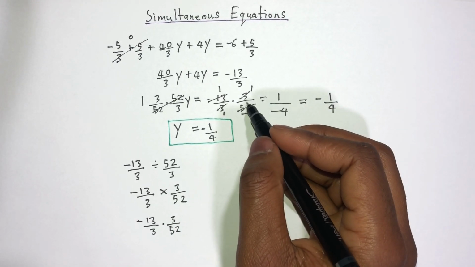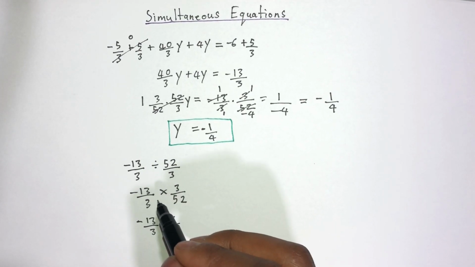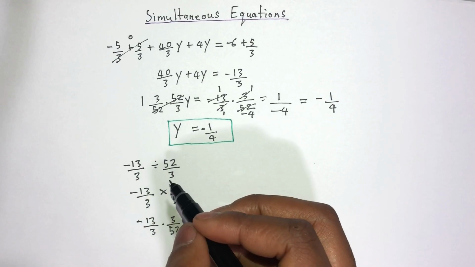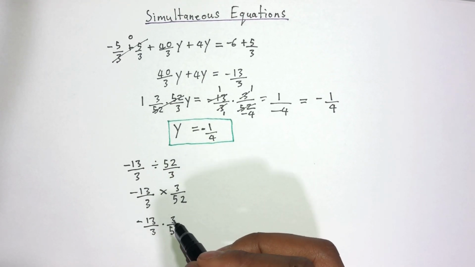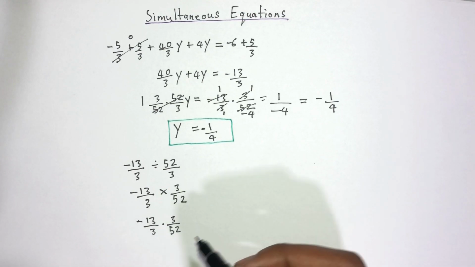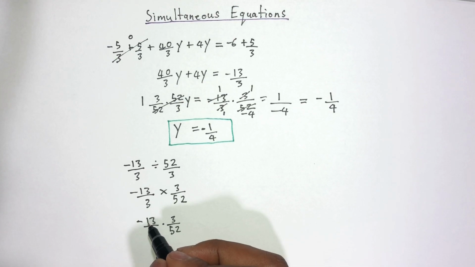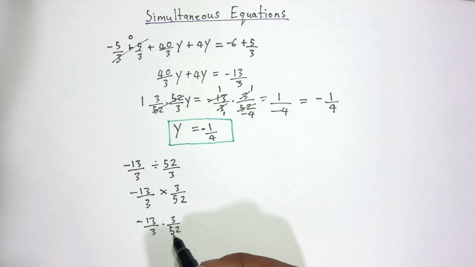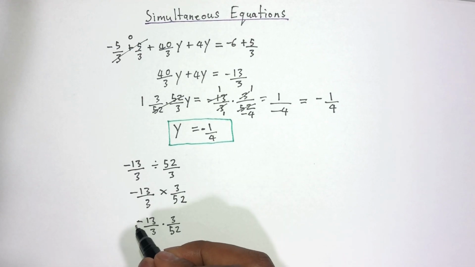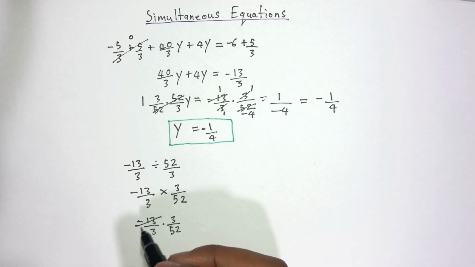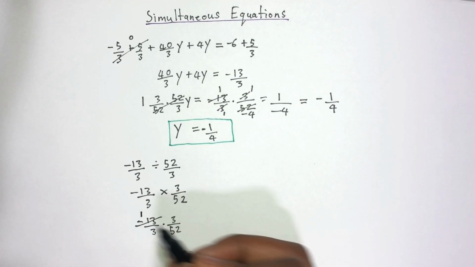And this is what I had here, but I didn't go through this long process so that we can save time, and that's what you should do when you're doing your exams as well. So now, 52 is divisible by 13. So negative 13 into negative 13 goes 1 times.